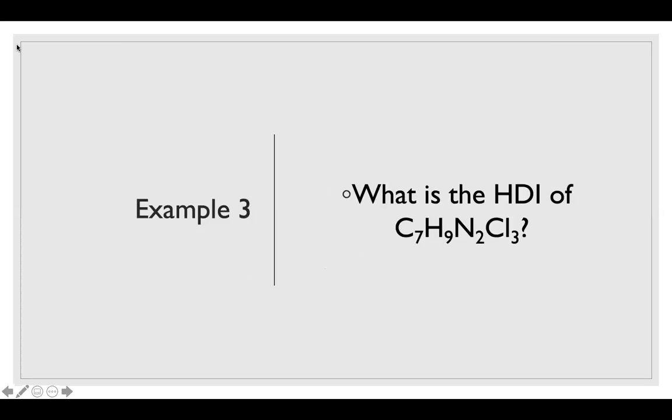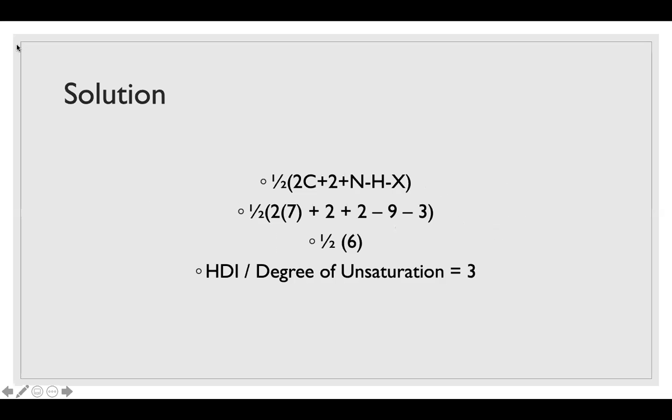And finally, we have, what is the HDI of C7H9N2Cl3? I'll give you a second to figure out the degree of unsaturation for this. We can use the longest, or the most final equation, which is 1/2 times 2C plus 2 plus N minus H minus X. So we have 7 carbon present, which we can plug in.